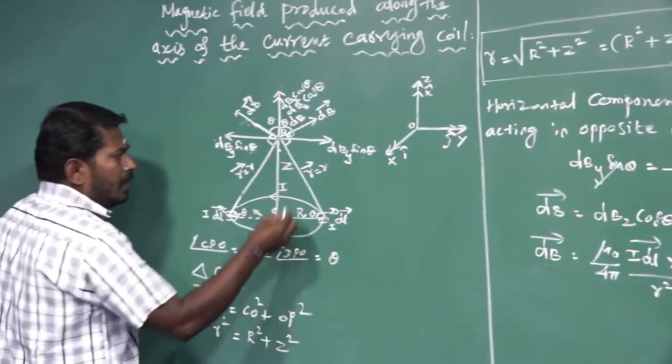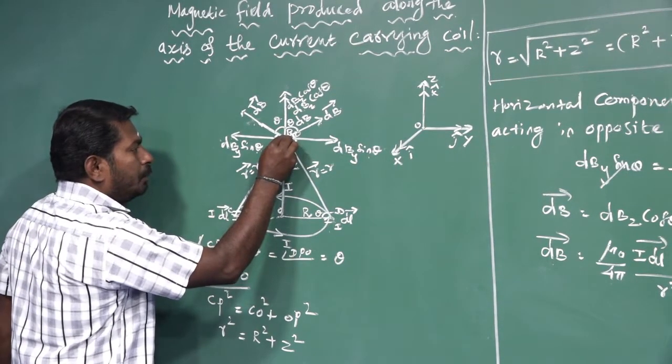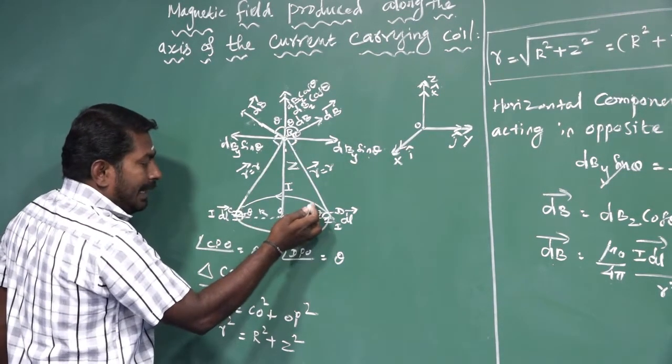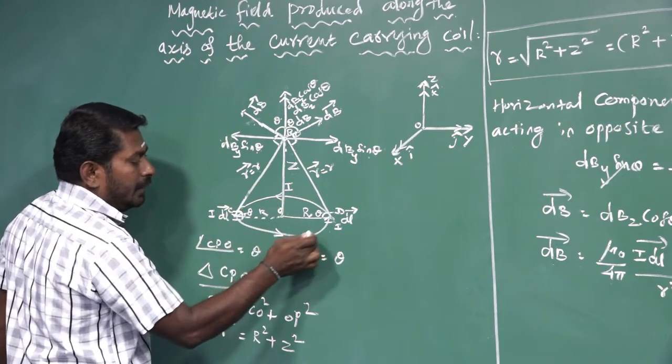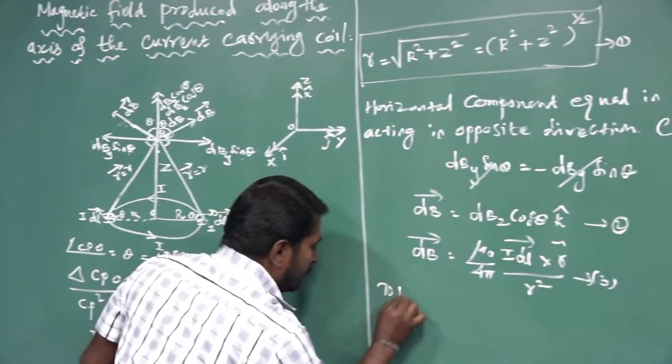So we want to calculate the total magnetic induction at this point P due to the entire small elements in the circular coil carrying current.